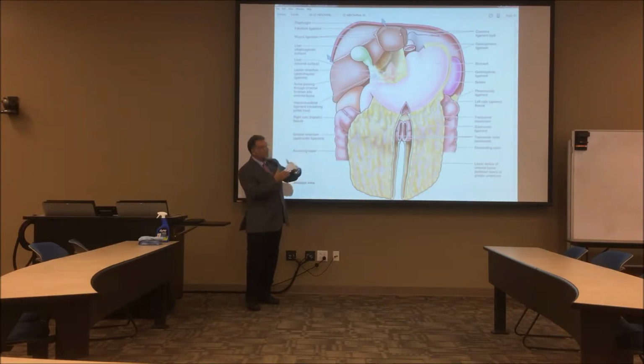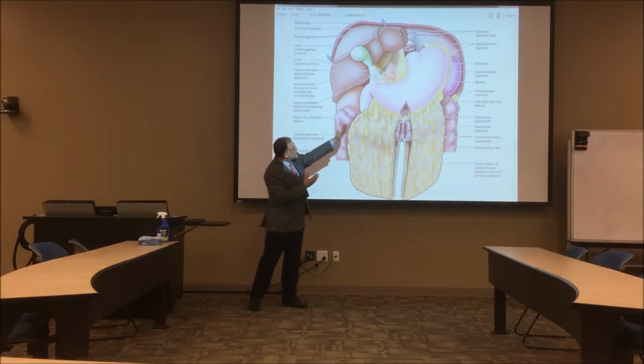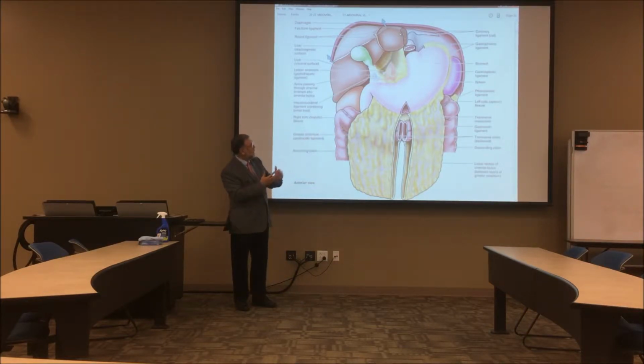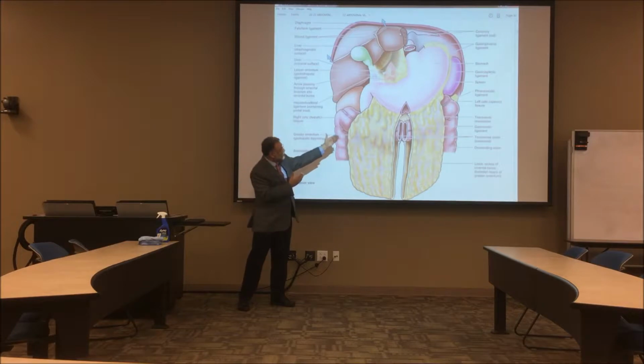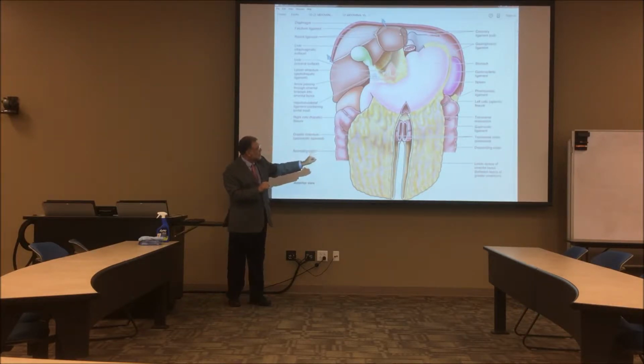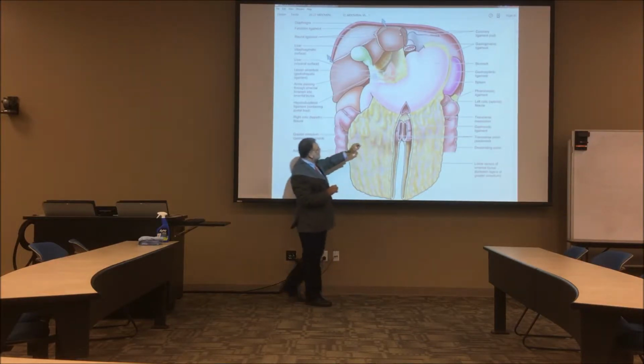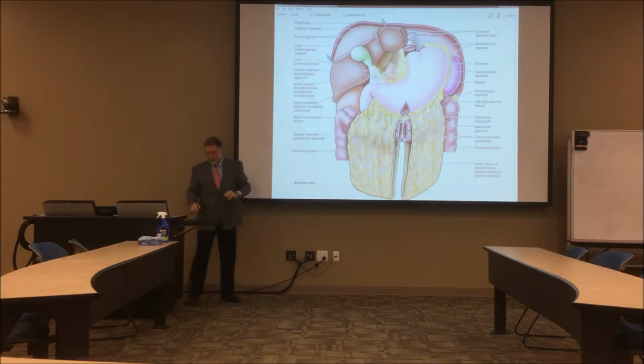For example, the greater curvature of the stomach is related to the pancreas, and even to the part that is considered intra-abdominal, or intraperitoneal, and then the retroperitoneal, and these structures are going to be very important. Perhaps this transverse visceral colon is going to be important in that reference.